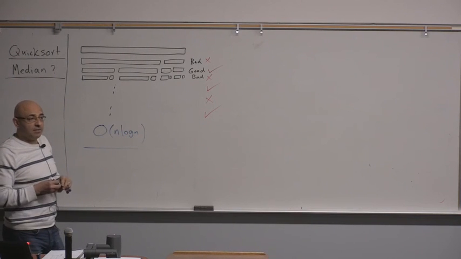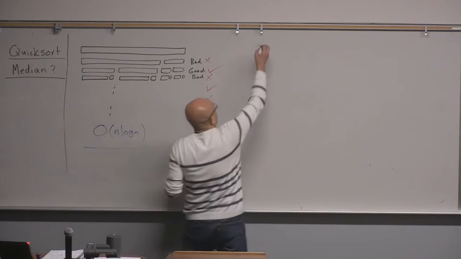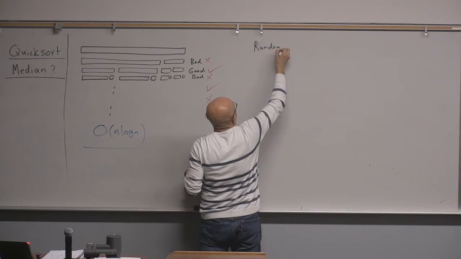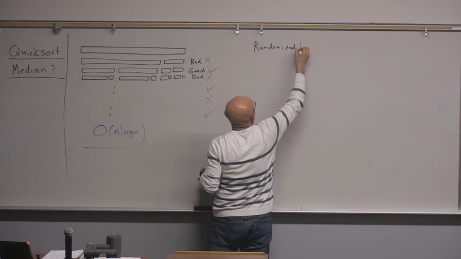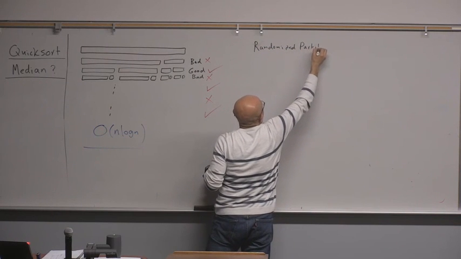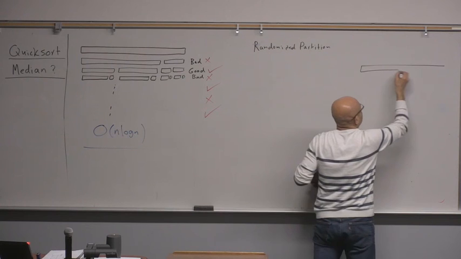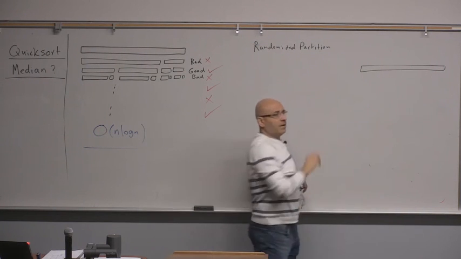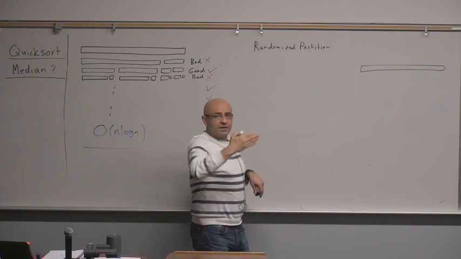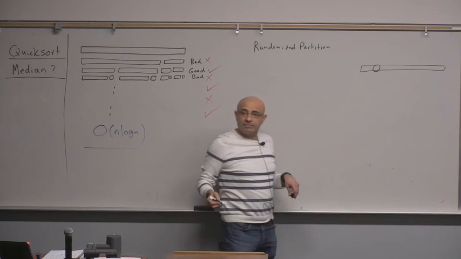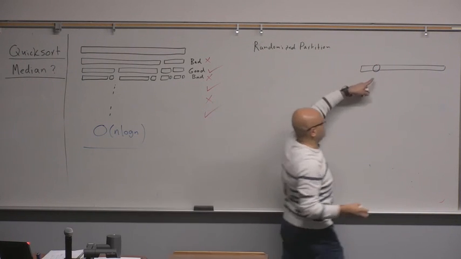And to randomize the pivot, it's very easy. So instead of partitioning, you do randomized partition. And in randomized partition, what you do is the following. So this is your array. You pick the pivot at random. So you pick one of these at random. Maybe it's this element.